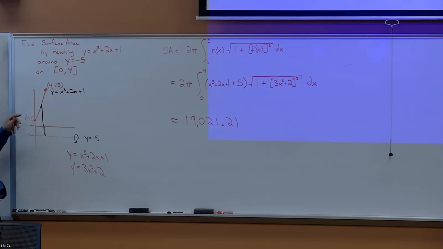So if we're revolving around a horizontal line, I go from curve down to line I'm revolving around. Again, just like the disk method radius when we're dealing with integrating with respect to x and revolving around horizontal lines.